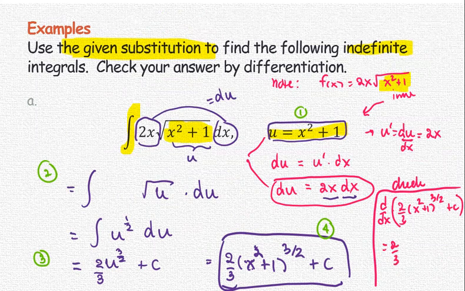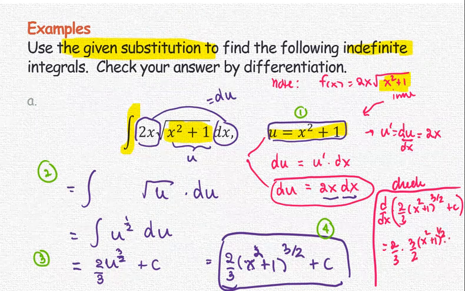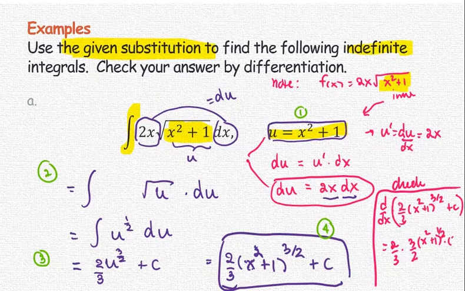Constant multiple 2 over 3, the power 3 over 2, the quantity x squared plus 1 raised to the power reduced by 1, which is 1/2, and multiplied by the derivative of the inner function, which is 2x. The derivative of c is 0, and now we can cancel or reduce the numbers to get 2x in the front. The 1/2 power is the square root of the quantity x squared plus 1, which is the same as the integrand.